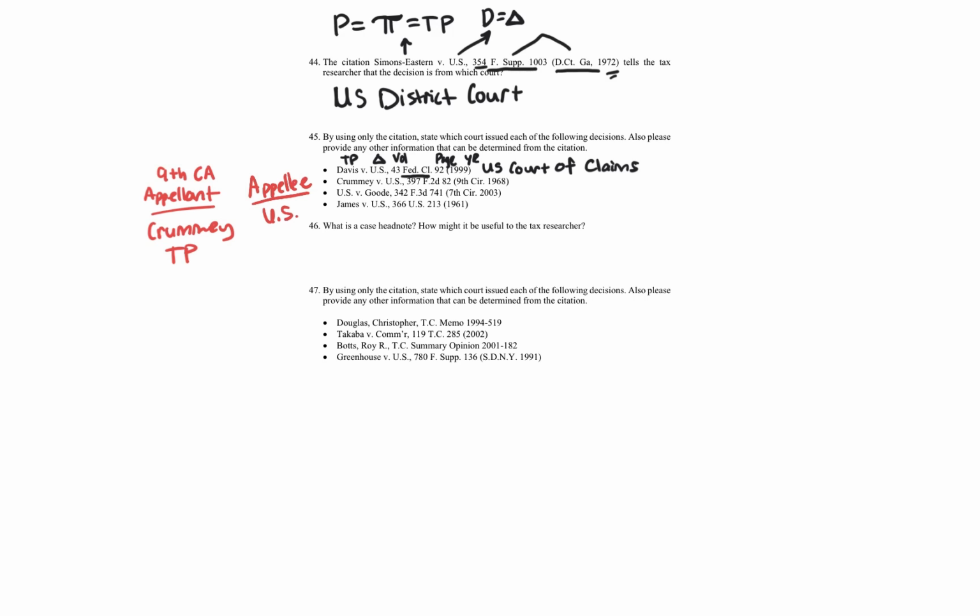Also, because U.S. is using the title, we know that this originated in one place. It's in the 9th Circuit. We know that the appellee is the U.S. Your two options when it's U.S., there's two options. District Court is where it originated, or the U.S. Court of Claims. Now, those are possibilities if there's U.S., but you're told it's 9th Circuit, and remember that if you're appealing the U.S.